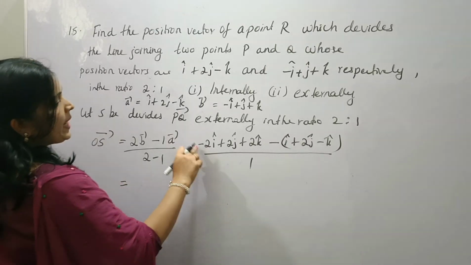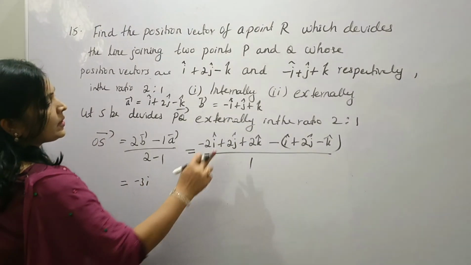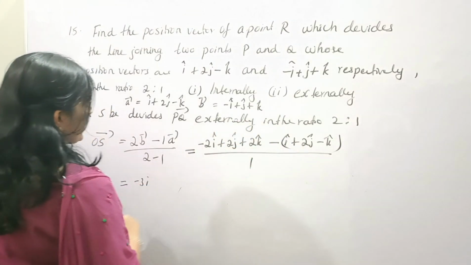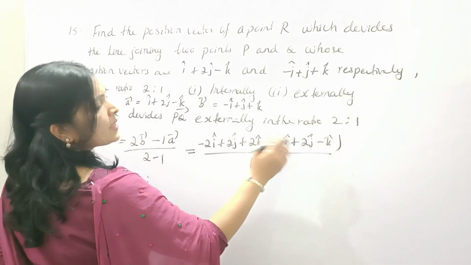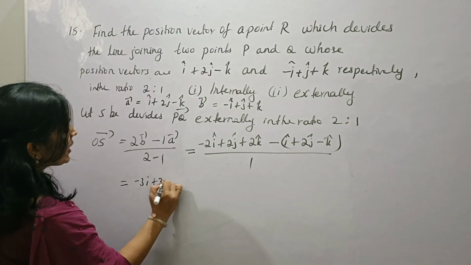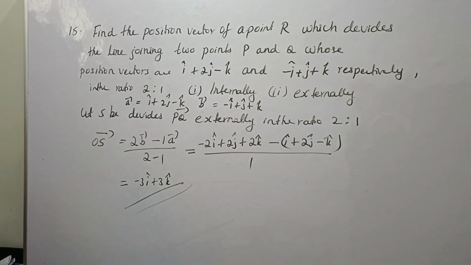That is equal to minus 2 minus 1, minus 3i, plus 2 minus 2, that is 0. Next 2 minus 1, that is 2 plus 1, so plus 3k. So it is the vector OS.